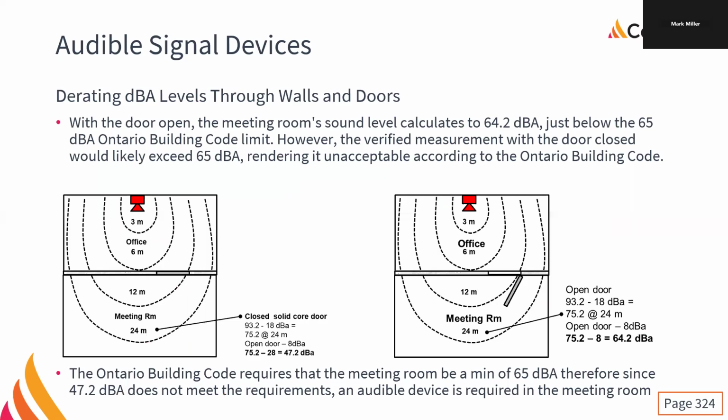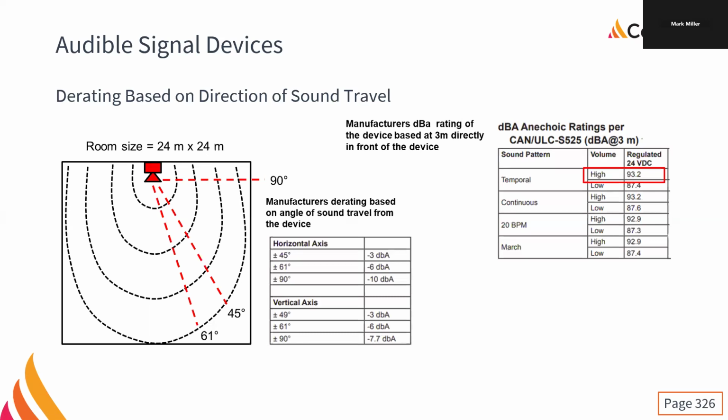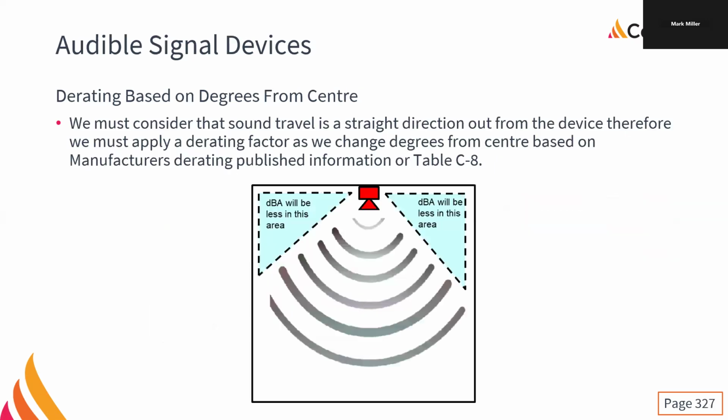So we need to be aware of the concepts, but definitely not doing the calculations. That's a no. Once you've been doing this for a while, you'll be able to look at the drawings and go, yeah, it's going to be too quiet in this room. And you'll know where it's going to be an issue.